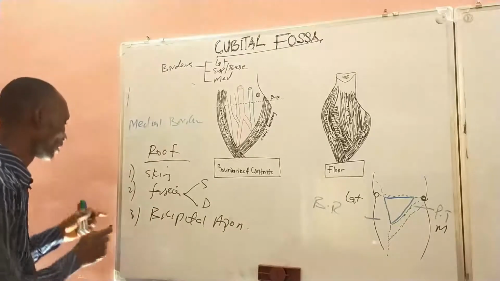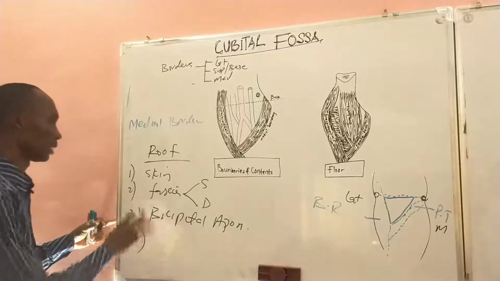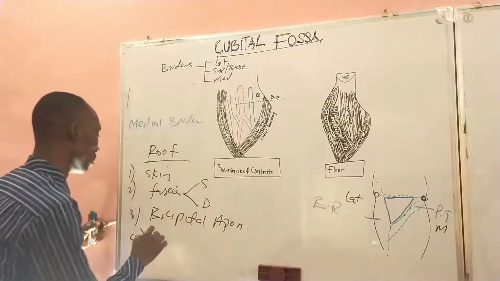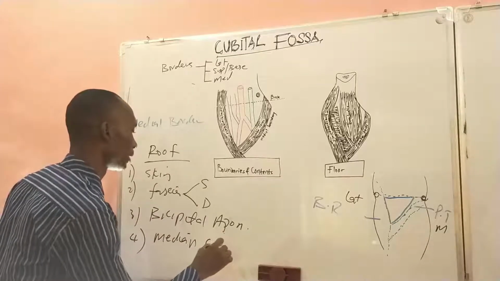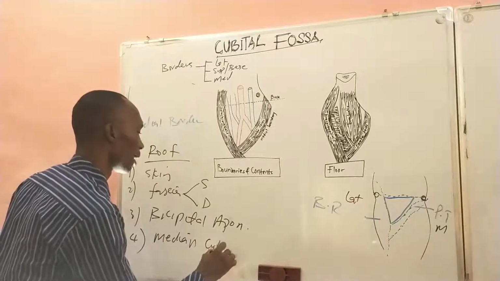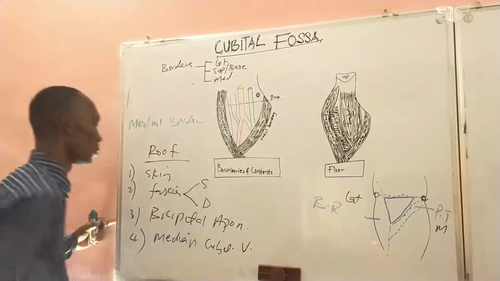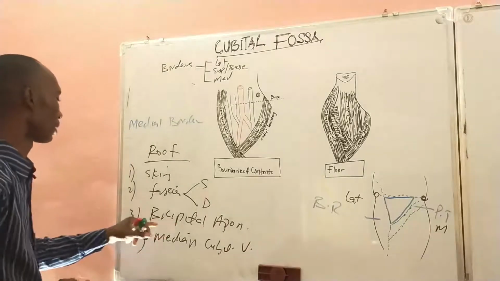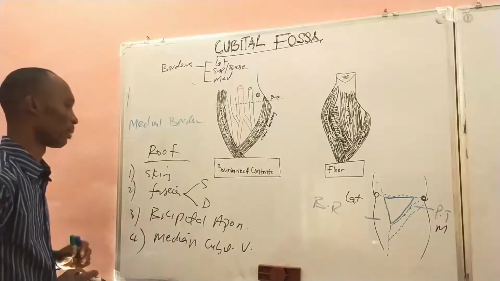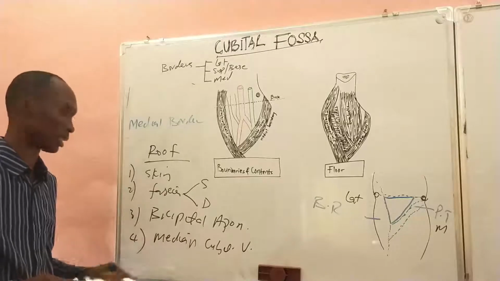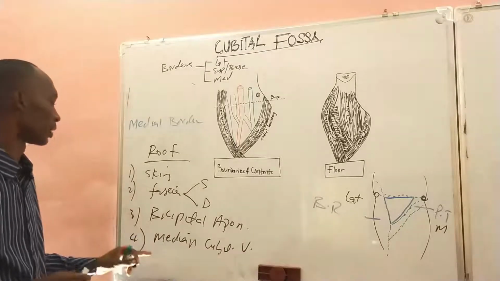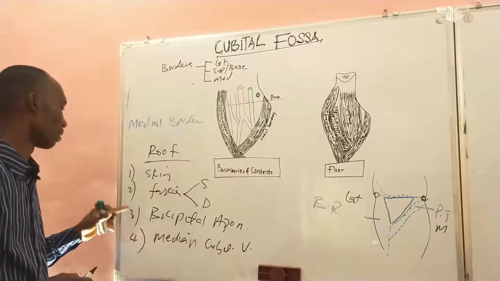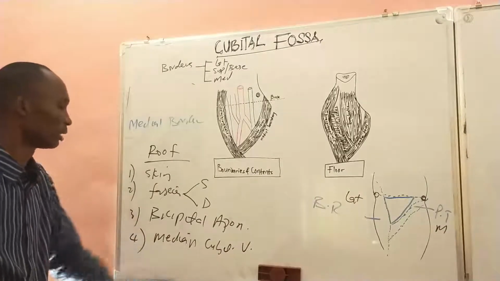Also forming part of the roof is the median cubital vein, which runs along the bicipital aponeurosis. The median cubital vein is seen connecting the cephalic vein to the basilic vein.